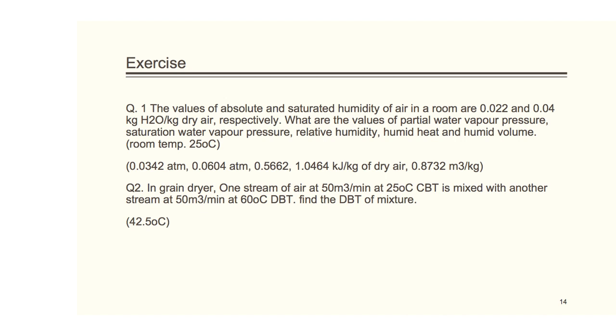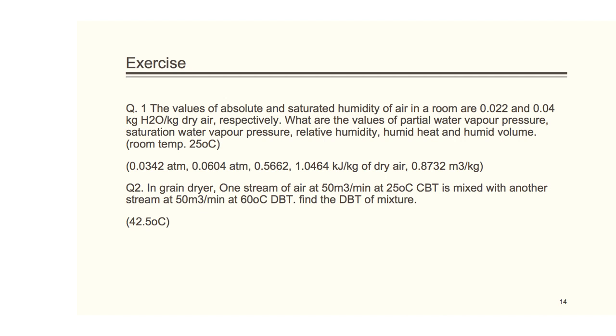that humidity is calculated as 0.622 into PV divided by P minus PV. So here we can find the value of PV and PS using the humidity formula. And relative humidity, when we have calculated the partial pressure of water vapor and saturated water vapor pressure, we can use both these values to find the relative humidity.